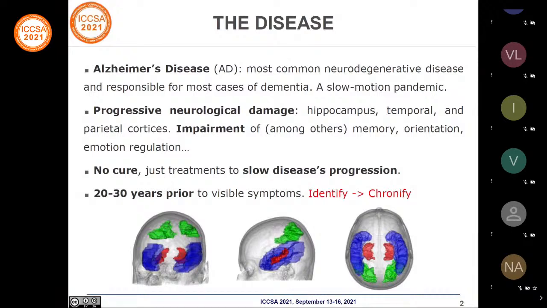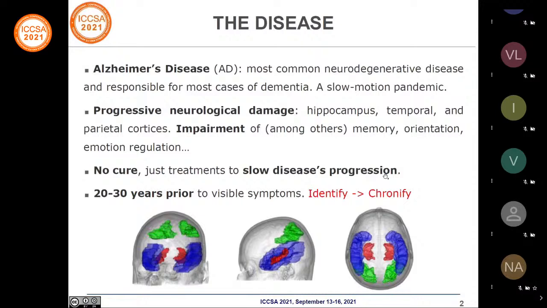It is characterized by being a progressive neurological disease, which produces damage mainly to the hippocampus, which could be this red area marked here, and the temporal cortex in blue and, to a lesser extent, the parietal cortex in green.